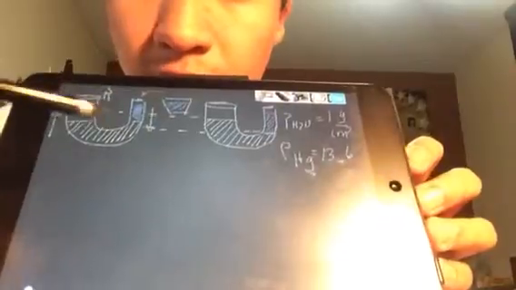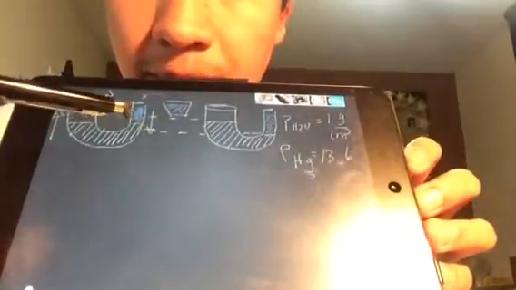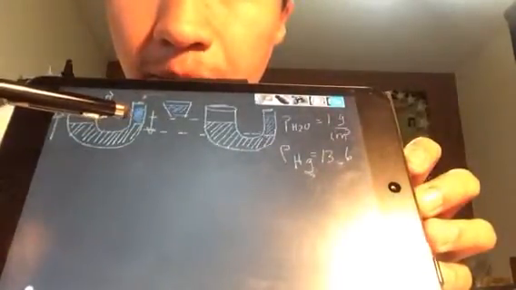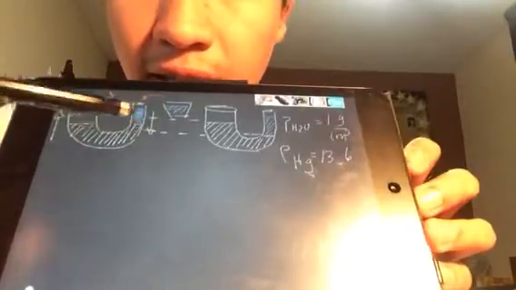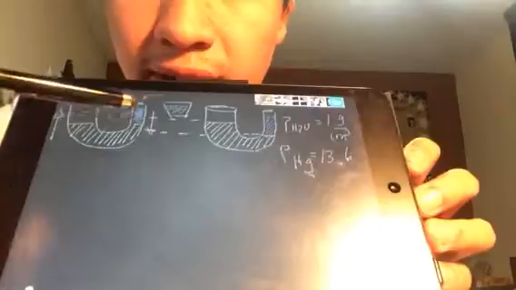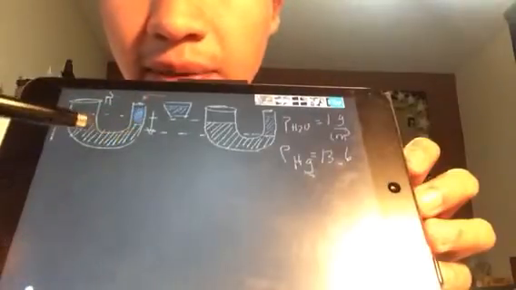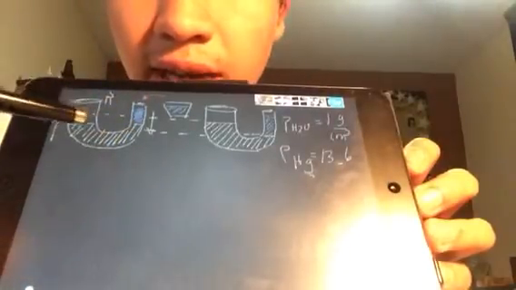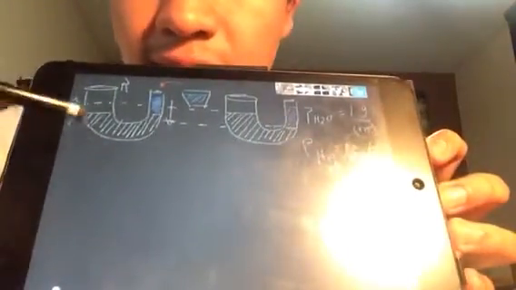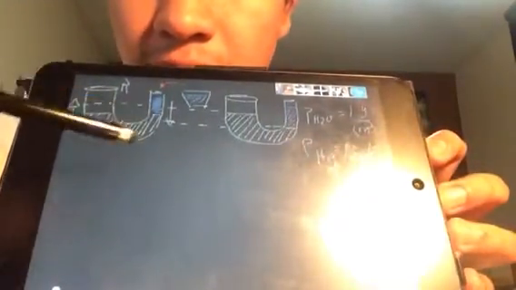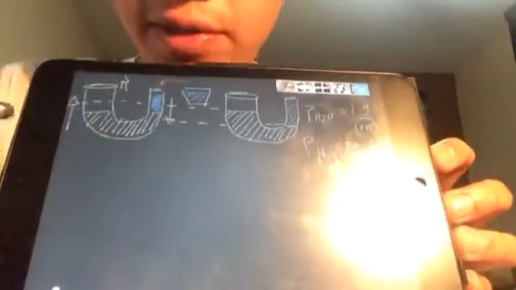So the first question that we have is the distance or the length that the water is occupying within the container, and the other one is the height that the mercury will go up after we add the water in this side of the container.